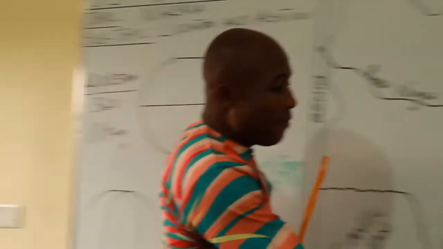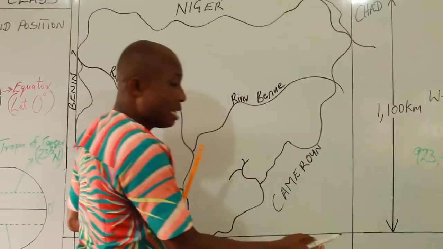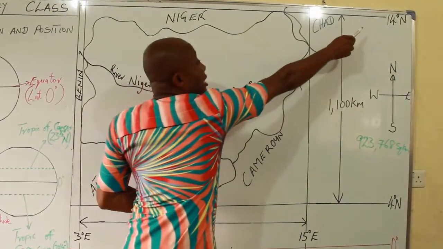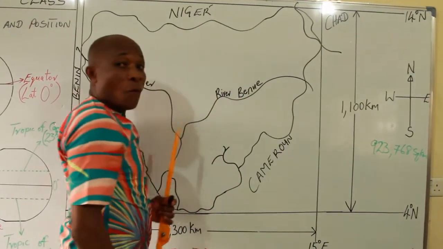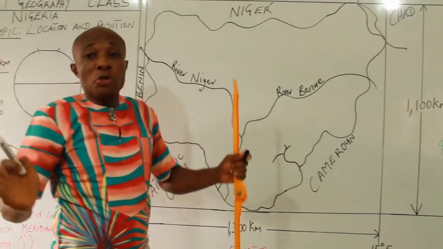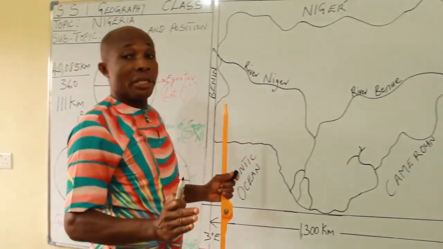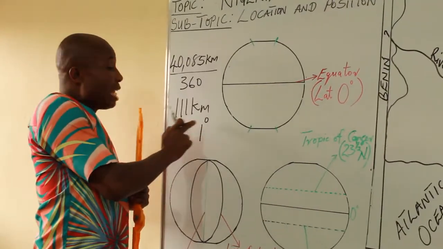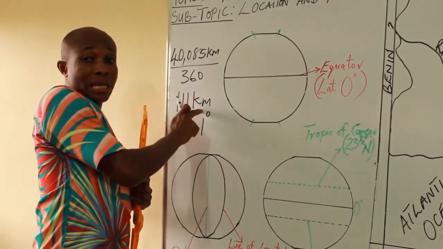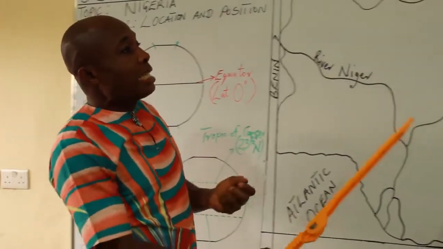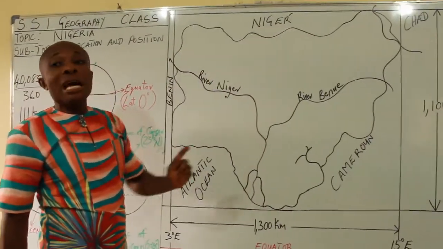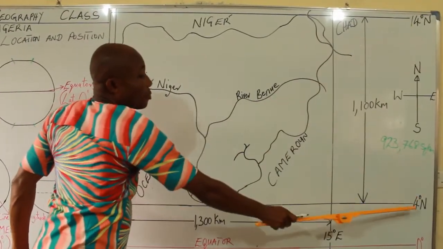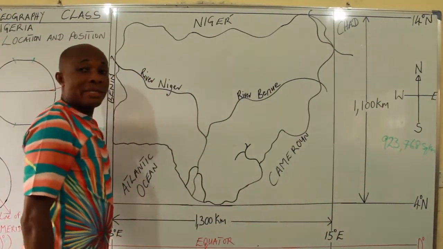Then that means if Nigeria is situated between 4 degrees north of the equator to 14 degrees north of the equator, for you to determine the exact position of Nigeria as a country, now that you have known that 1 degree is equal to 111 kilometers, if we can determine the latitudinal difference, that means subtracting 4 degrees from 14 degrees, we will have 10 degrees.